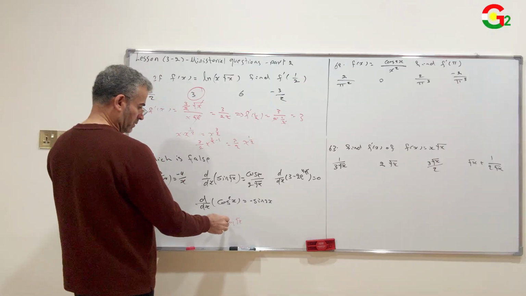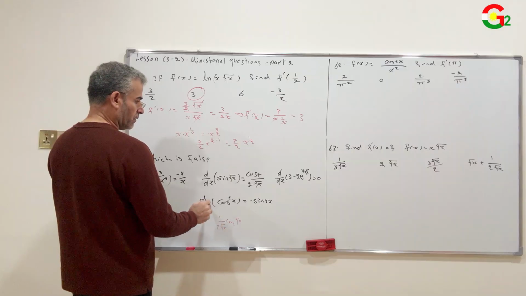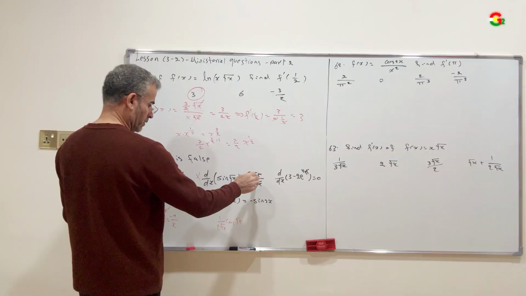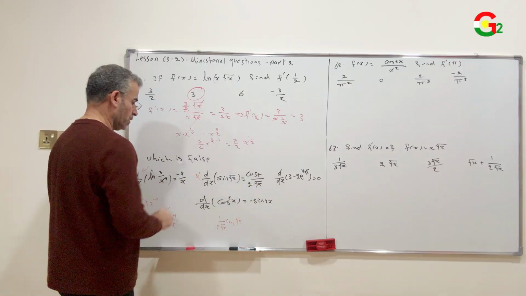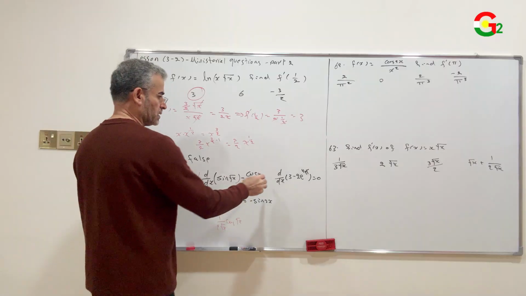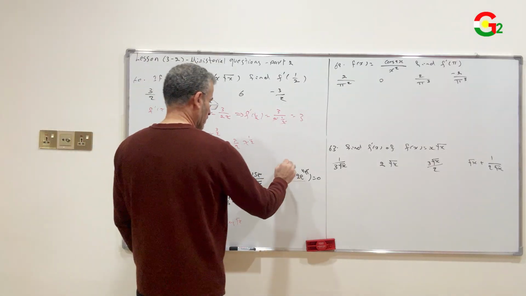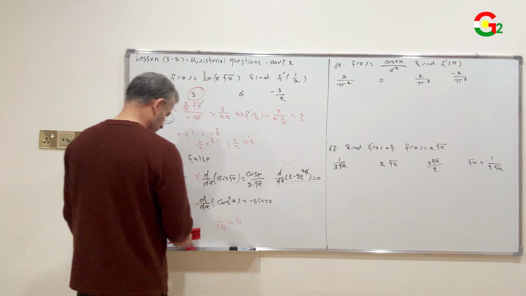So also this is false because here it should be cosine square root x. So B is wrong. Let us see. This term is constant, so its derivative is 0.